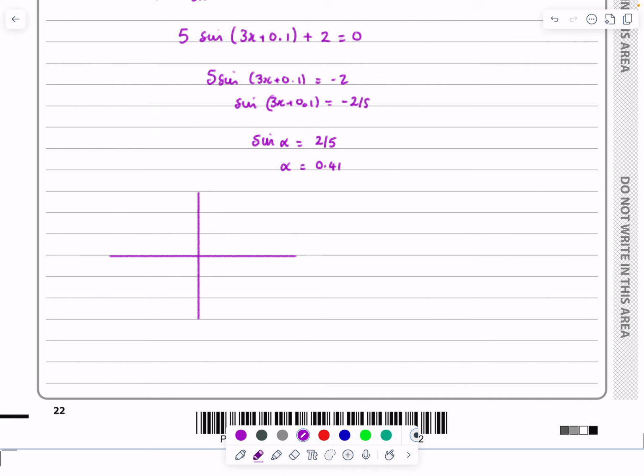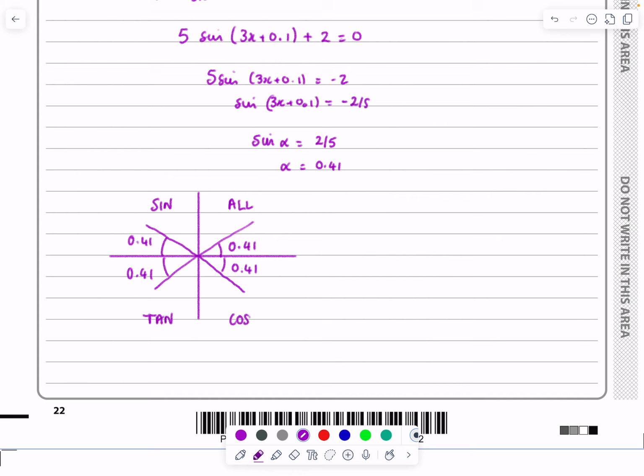Using the CAST diagram, in my quadrants here, alpha can be any of those acute angles, as in 0.41, 0.41, same over here, and same over there. I'm aligning that with the CAST diagram: all, sine, tan, cos. Hopefully you've seen this before.